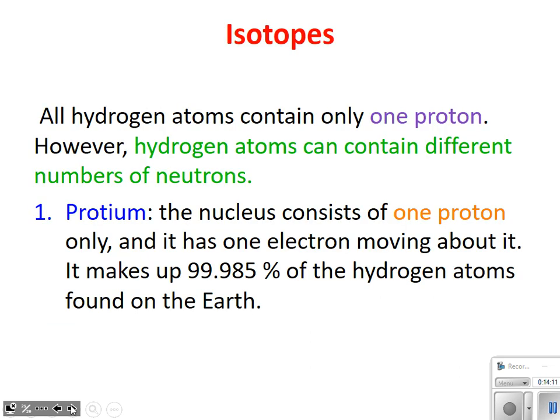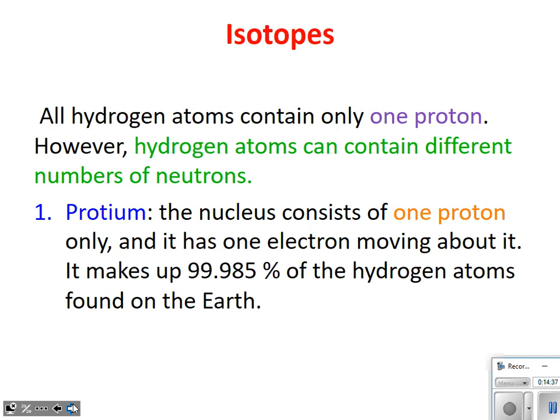Now, I told you were going to learn about isotopes, and here you go. It states here that all hydrogen atoms contain only 1 proton. How many hydrogen atoms have 2 protons?